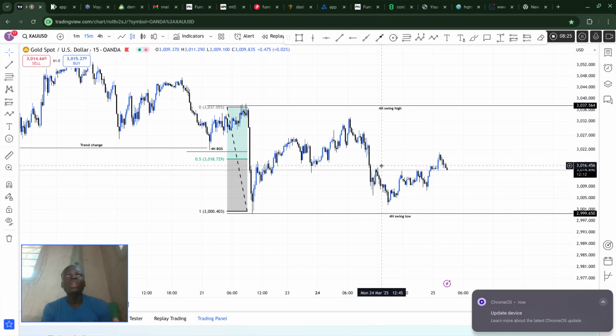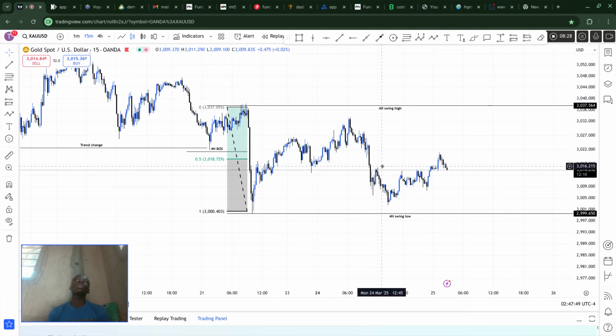So as you can see, we already know that we're in an uptrend. So we know, according to my rules, that when the 4 hour market is bearish and the M15 is bullish, we trade in and out. We don't take sniper entry.